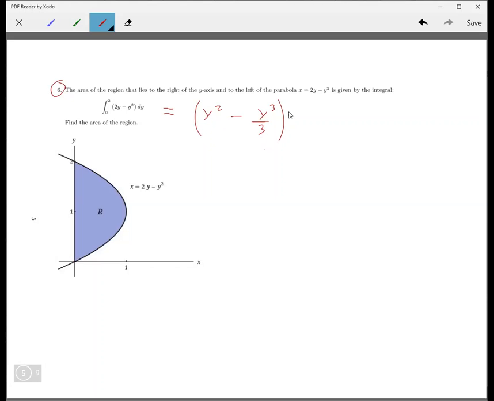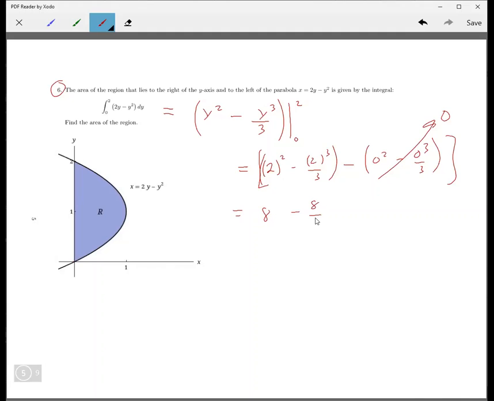Then you're going to evaluate that from 0 to 2. So we'll plug the 2 in first. So you get that. So we'll subtract and plug a 0 in. And fortunately, that's just 0, so that's really great that that's all going to be 0.